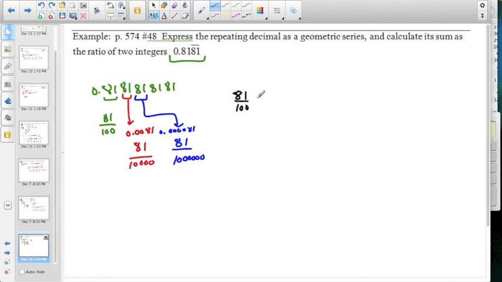That would give us a 0.81, and we add to it 81 over 10,000, because that would give us a 0.0081, and we add to that 81 over a million, and so on and so forth. We can get the next set of 81s, and the next set of 81s, and the next set of 81s.